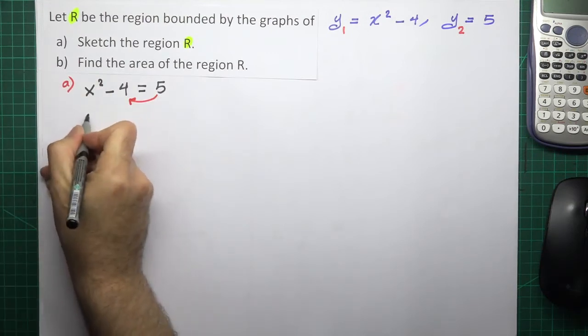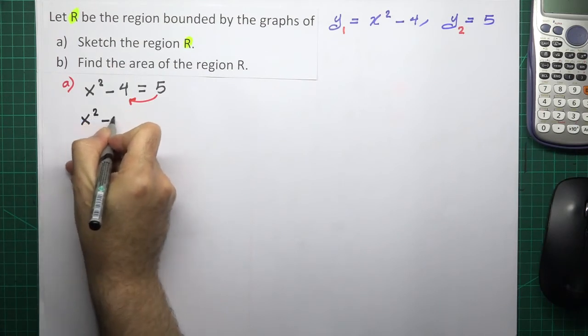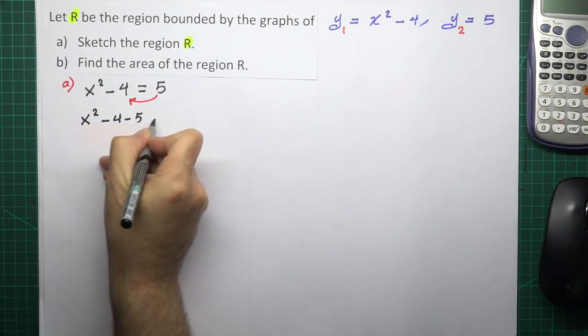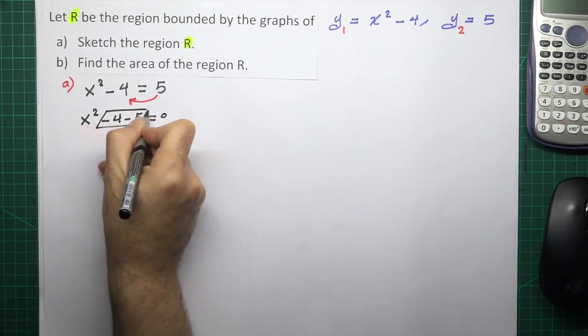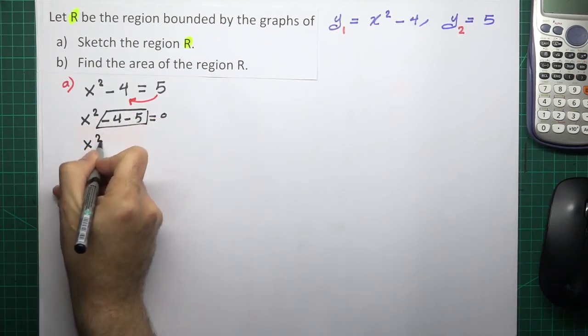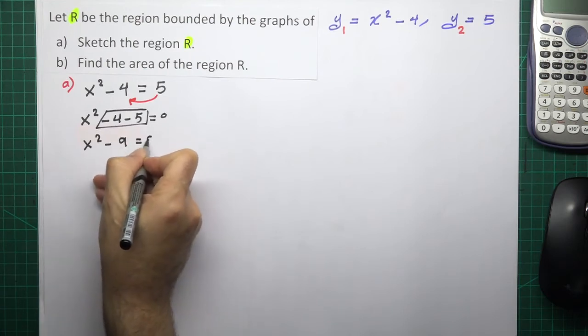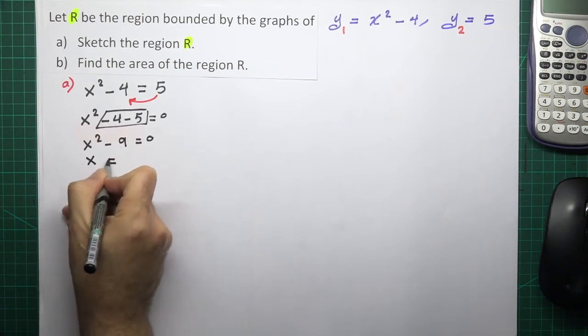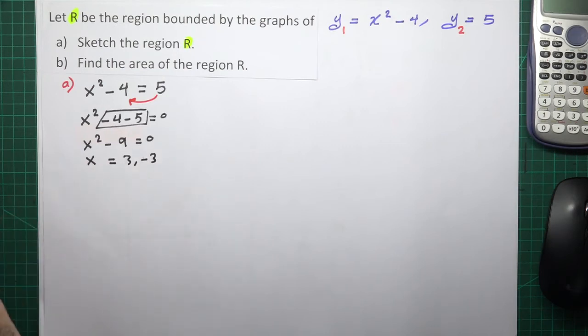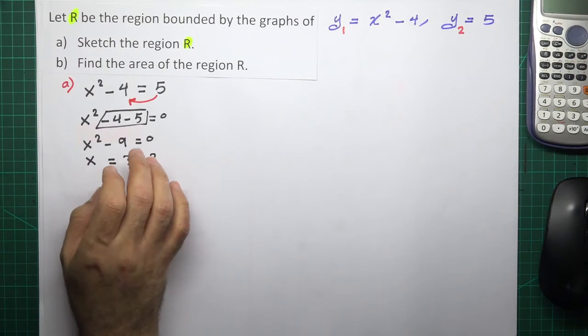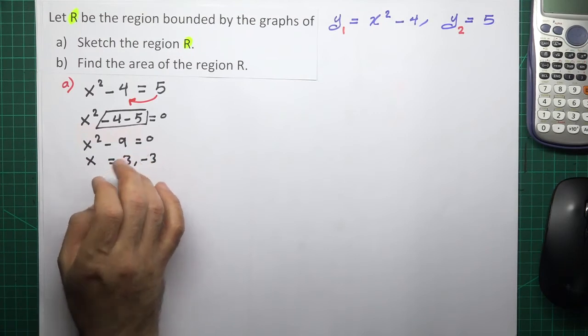So we have x squared minus 4 minus 5 equals 0. I can combine minus 4 and minus 5, so it will be x squared minus 9 equals 0. As you know, x will be 3 or minus 3, and you can solve this by factorization mentally, or by calculator, the way you like.